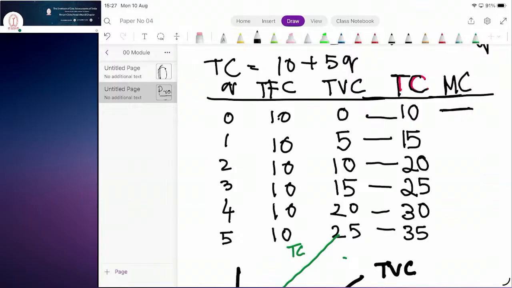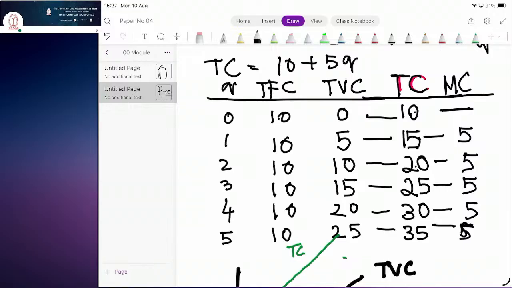Now TC of 1 is 15. TC of 0 is 10. So 15 minus 10 is 5. Correct? In this example that I have taken, you will always get marginal cost as 5. Just check. So it comes like this.